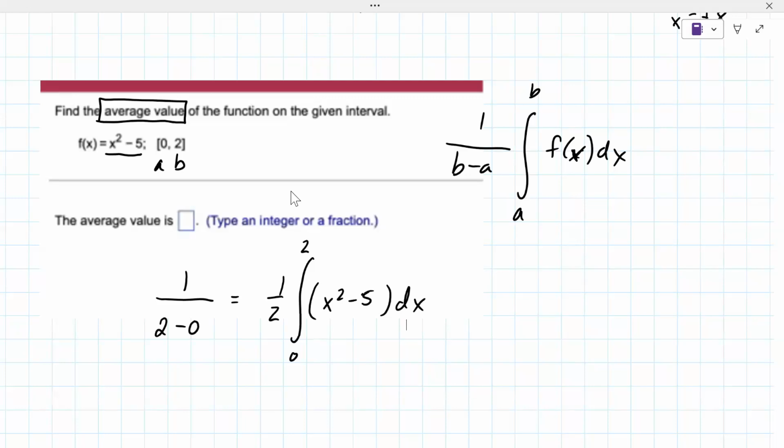I got negative 3.6. That should not be negative. So double check what you put into the calculator there. Maybe it's something lingering from before. No pi, no squared. I don't know what happened.